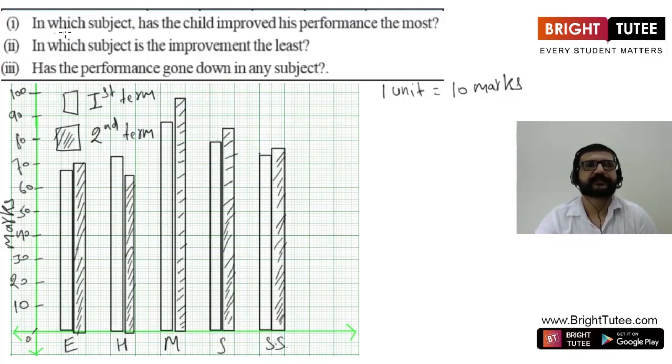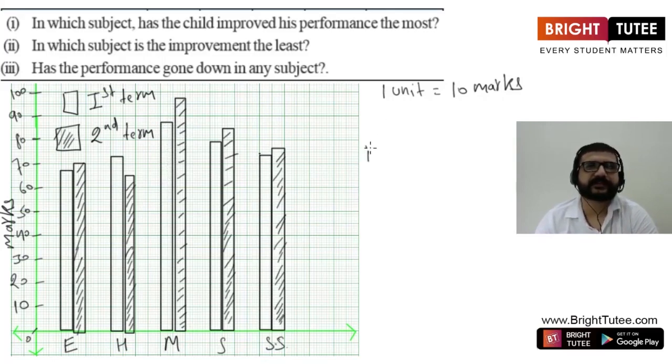The first question is, in which subject has the child improved his performance the most? Now as we can see from the bar graph, the difference between heights of the non-shaded bar and the shaded bar is maximum for maths.